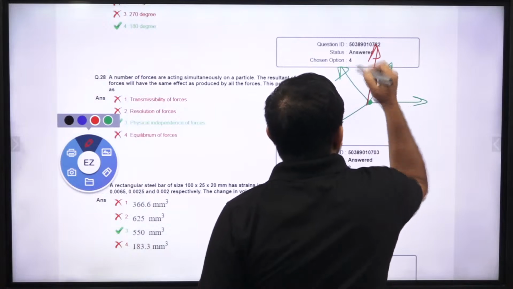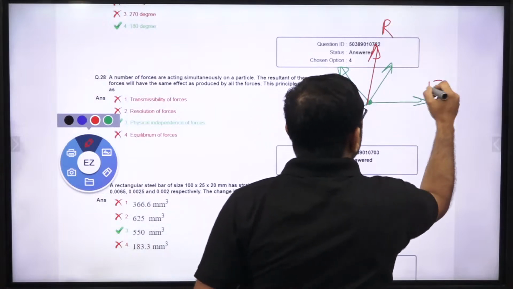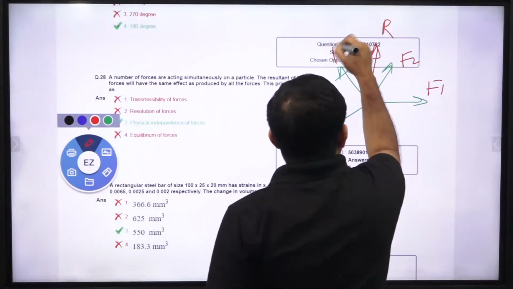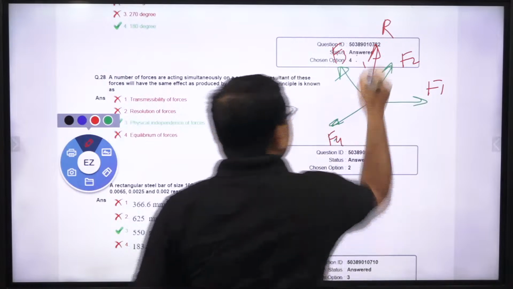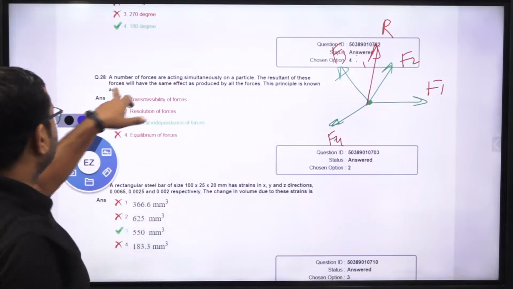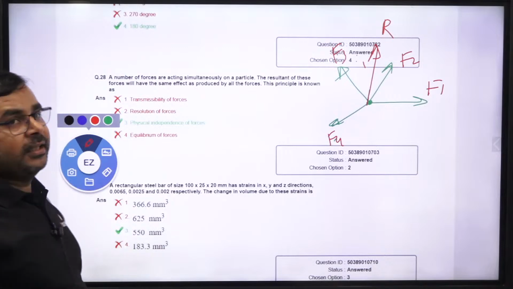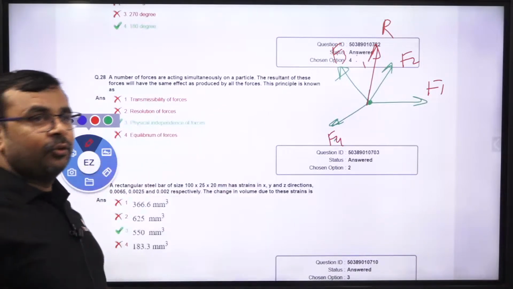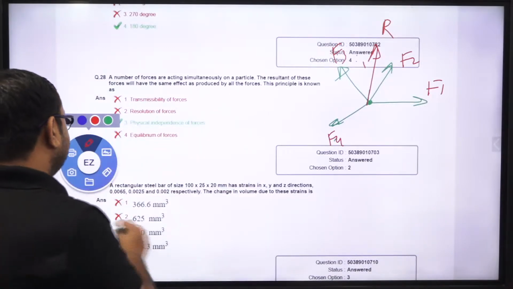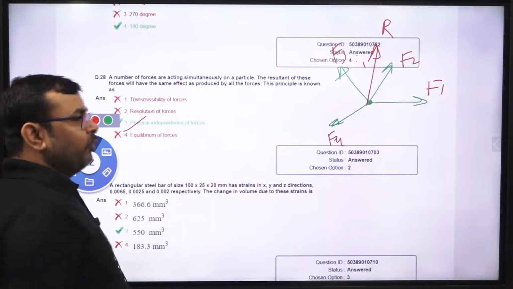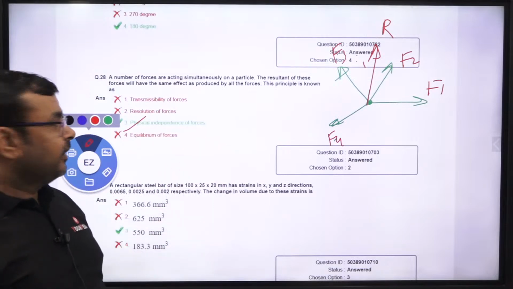The resultant force may act like this. This is the resultant force, this is F1, F2, F3, and this is F4. So this is the resultant. The resultant of these forces will have the same effect as produced by the forces. Is that clear? So the correct answer is physical independence of the force. Is it clear? Is it clear?